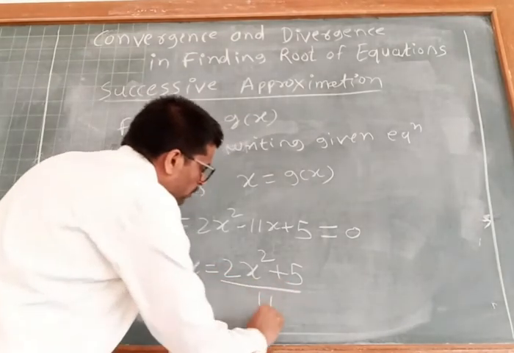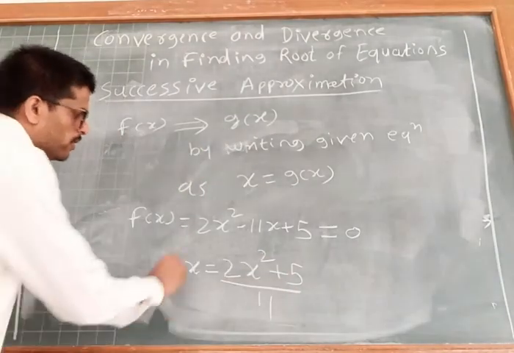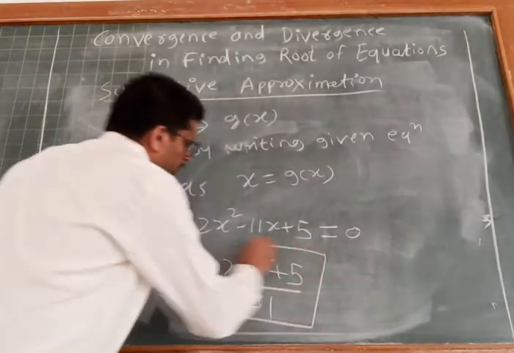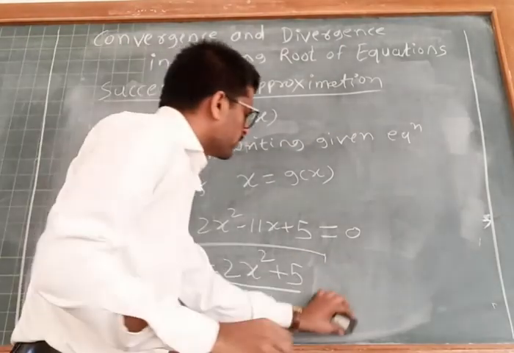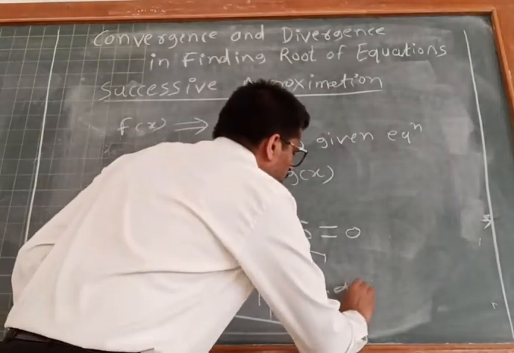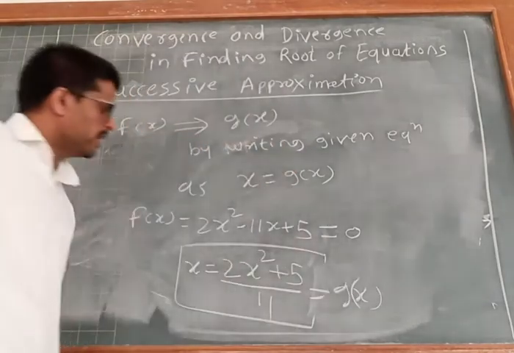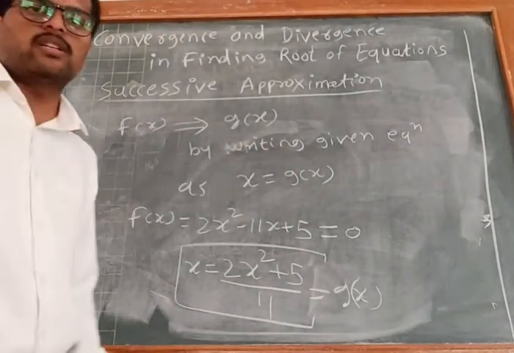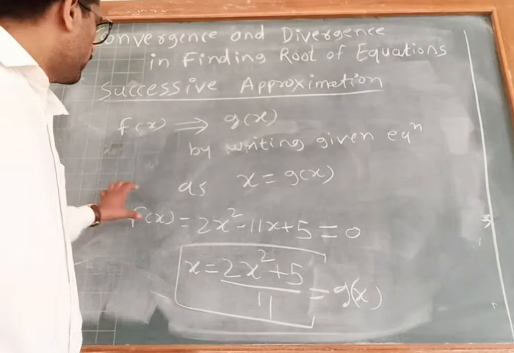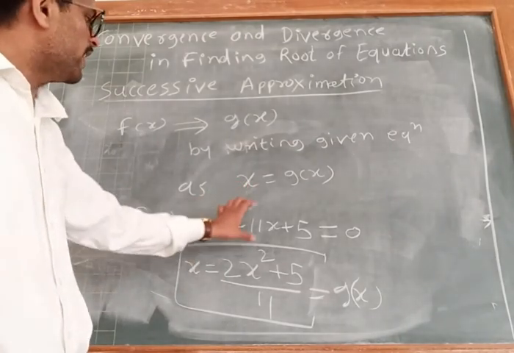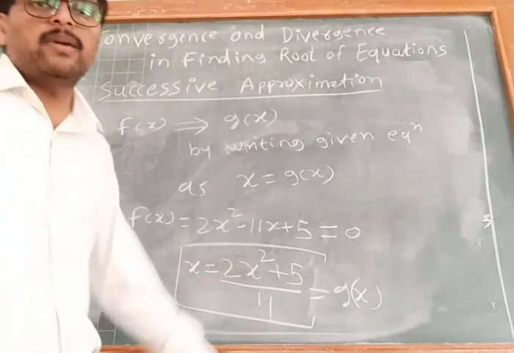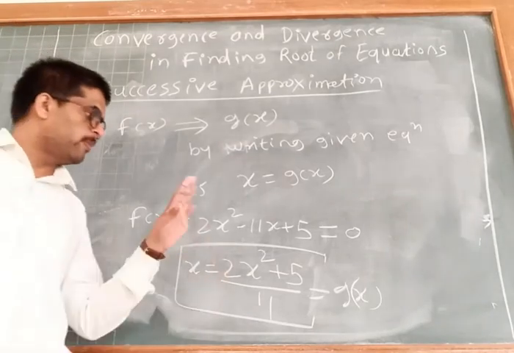So x is equal to 2x square plus 5 divided by 11. This is called g of x. Are you getting this? How to convert the given f of x equation into g of x: just take x on one side and the remaining terms on another side. So this is g of x.